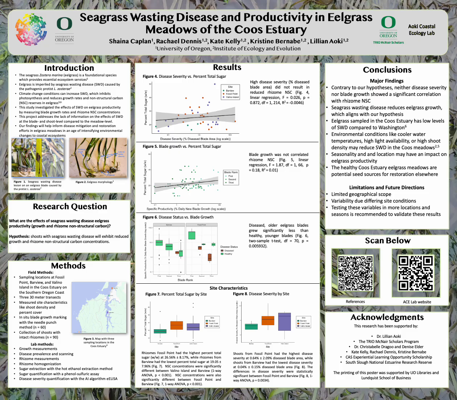Higher shoot density may be associated with reduced disease severity because diseased shoots often die, leaving less dense, more diseased meadows. Also, cooler Oregon water temperatures can inhibit the growth of L. zosterae and kill it.